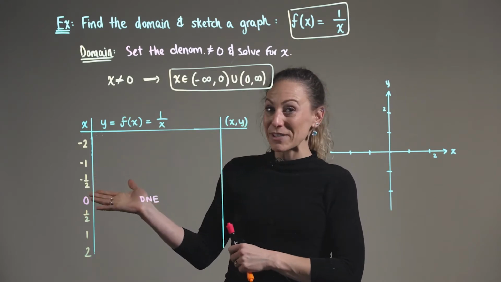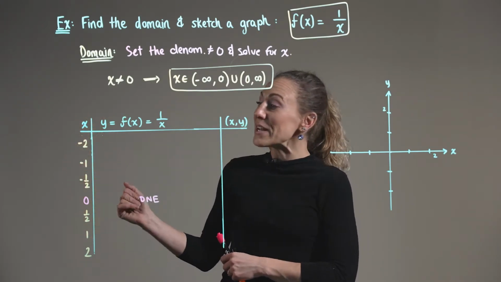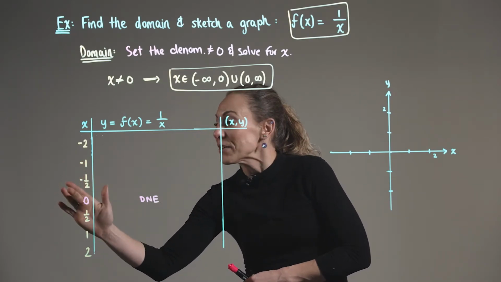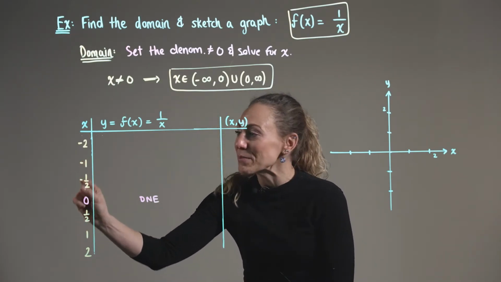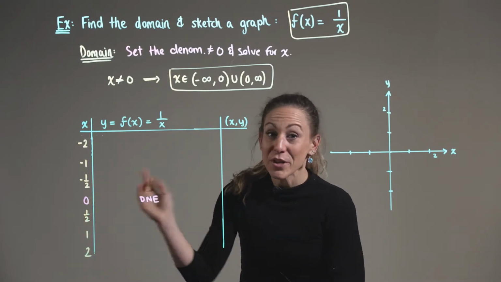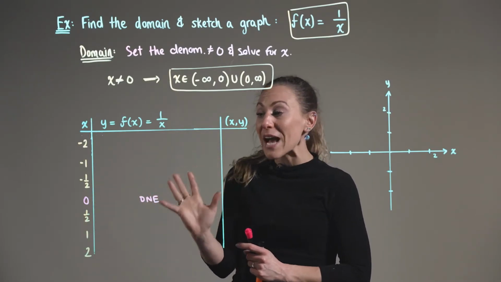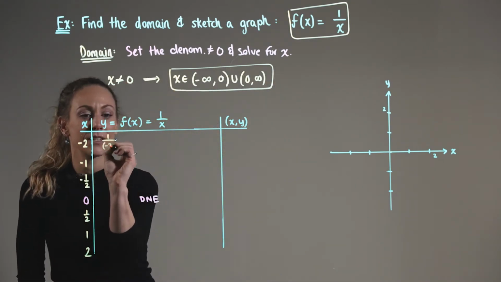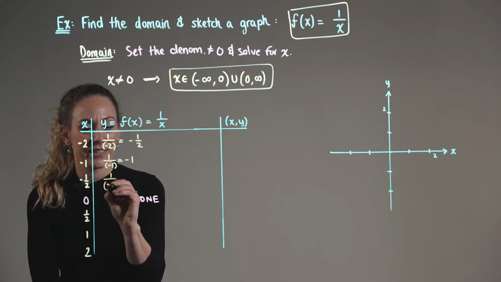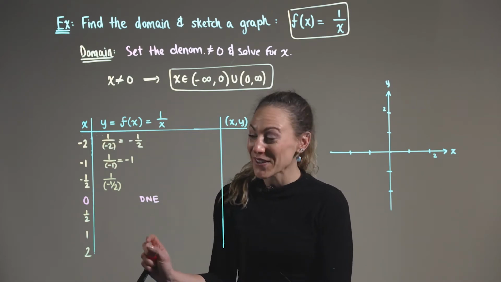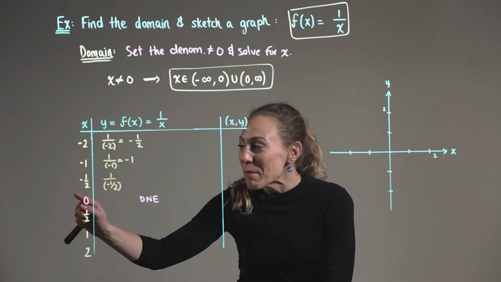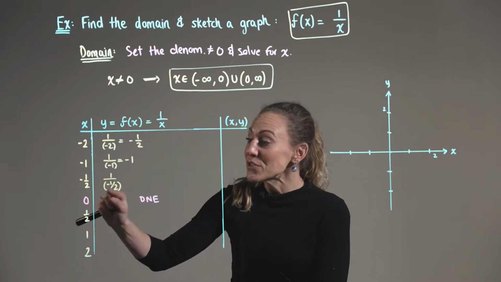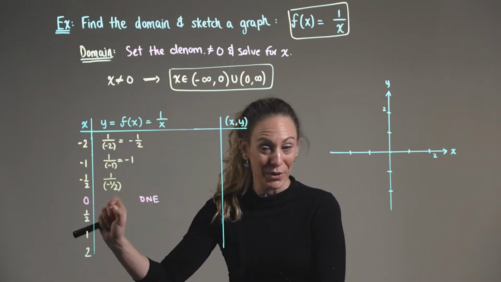When setting up our table of values and selecting our inputs, notice how we've selected a fractional value in between -1 and 0 so we can better appreciate what's happening with this graph. I want to pause for a cause real quick and think about when we substitute that value, -1/2, into the denominator of our reciprocal function.